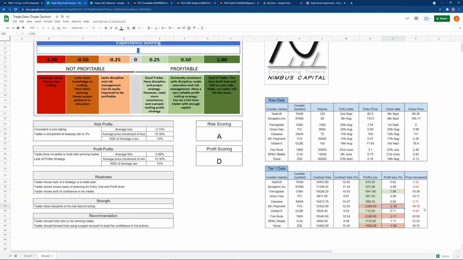The higher the number, the more volatile it is; the lower the number, the more consistent this person is. So 10% is a very low number. Compare this to his profit profile, where the RSD of his average win rate is actually 70%. But for his risk profile, the risk scoring is A, because this trader is extremely consistent in loss taking.